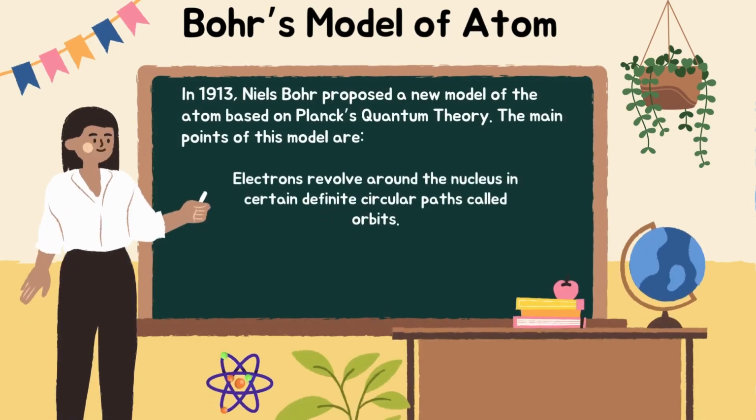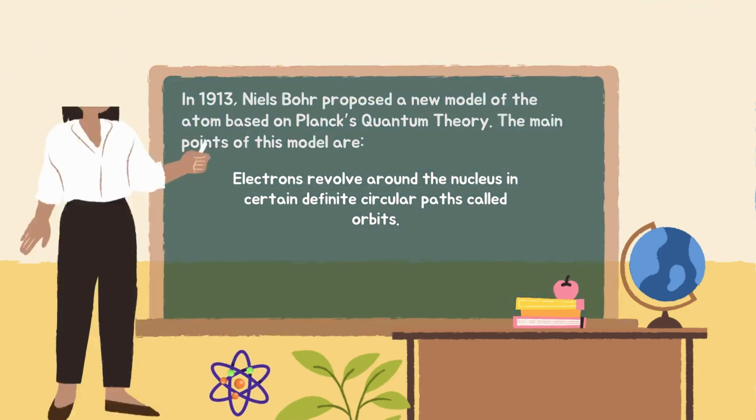Next is Bohr's model of atom. In 1913, Niels Bohr proposed a new model of the atom based on Planck's quantum theory. The main points of this model are: electrons revolve around the nucleus in certain definite circular paths called orbits.